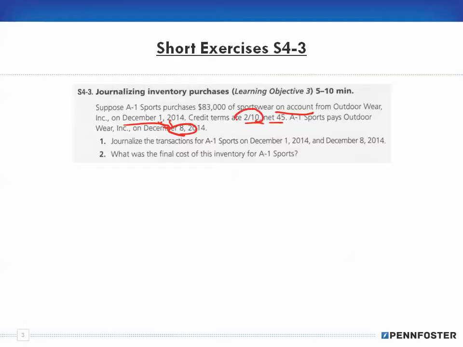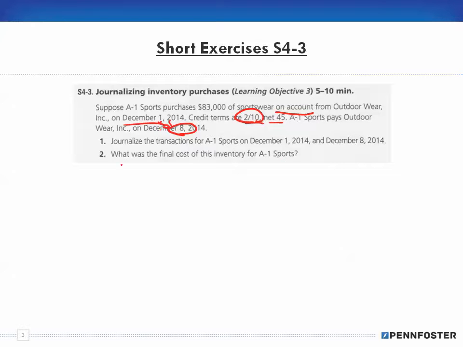So it's falling within this 2/10 period, right? And it says journalize the transactions for A1 Sports on December 1st and December 8th, and then what was the final cost of the inventory for A1 Sports.